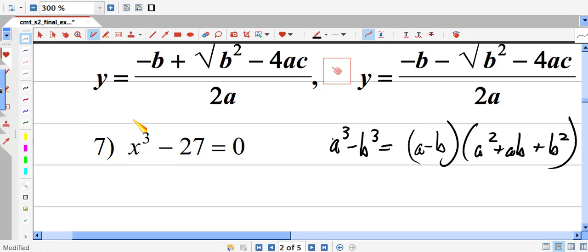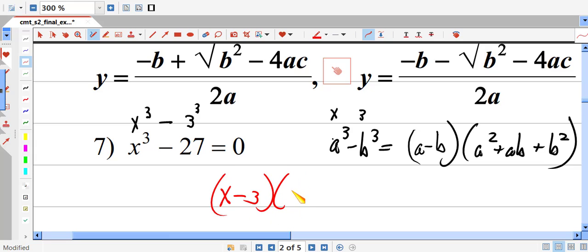Okay, so really I have x cubed minus 3 cubed because 3 cubed is 27. So for this formula, I'm going to put x in for a and 3 in for b, and then just rewrite out the expression. So that's going to give me x minus 3 times x squared plus 3x plus 9.